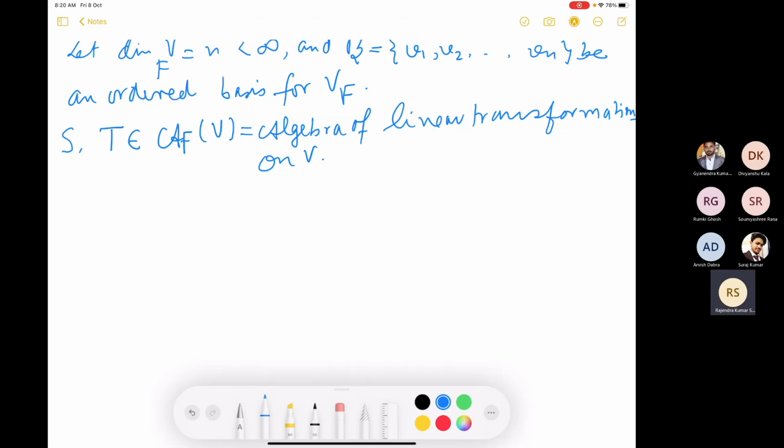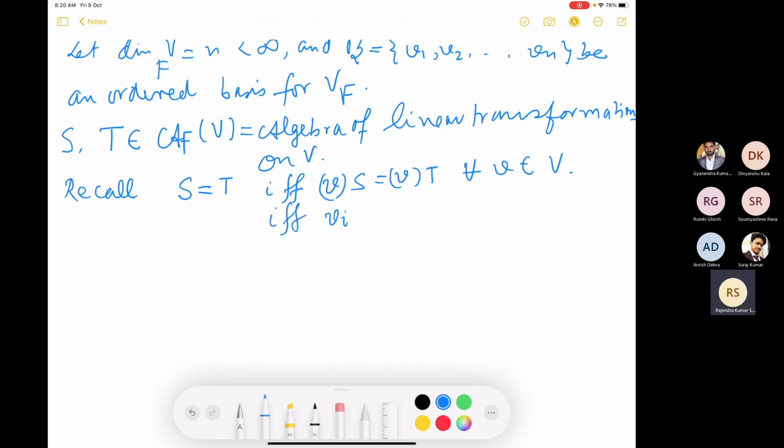So they are the same if and only if Vs and Vt are same for every V in V. And as we know that every linear transformation is completely determined by the images of basis vectors, this is also if and only if each Vi under S is same as Vi under T for every i from 1 to n, where Vi's are the basis vectors.